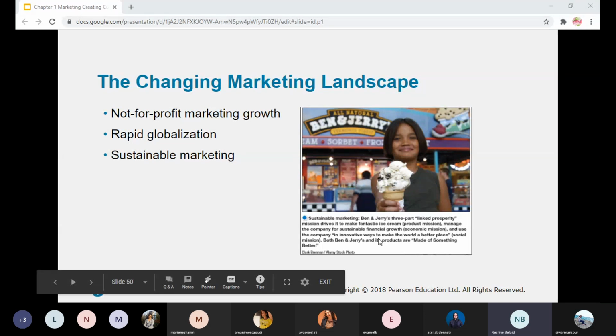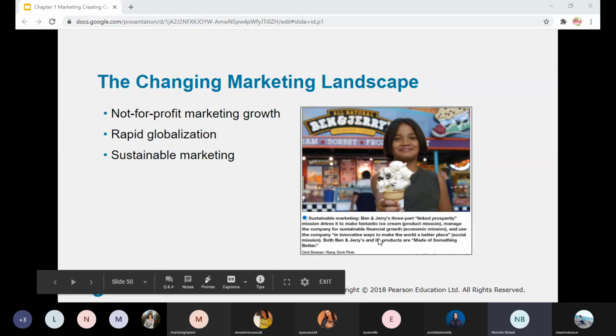So we have a new change in the marketing landscape: not-for-profit marketing growth. That means marketing for not-for-profit organizations, such as hospitals, museums, and foundations, which are looking for support and membership.